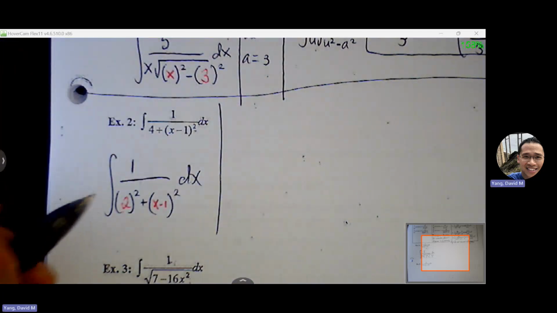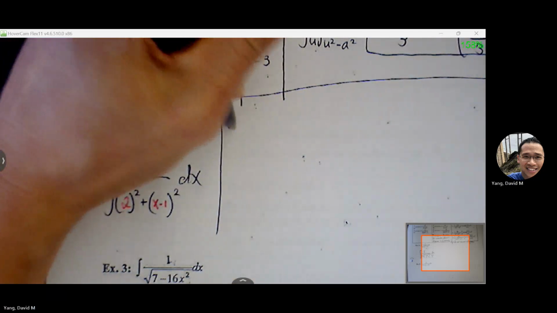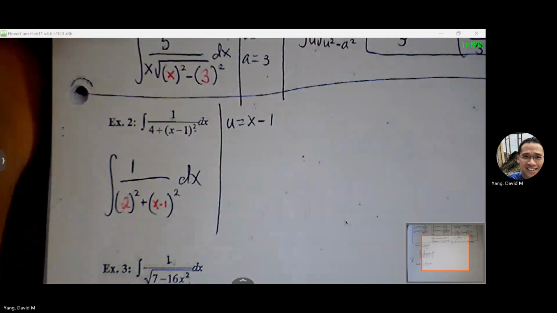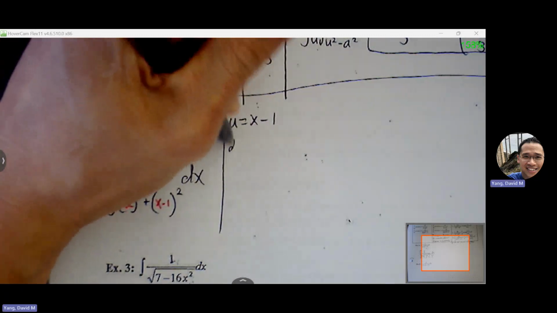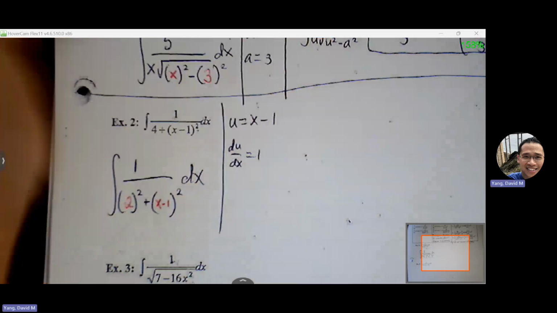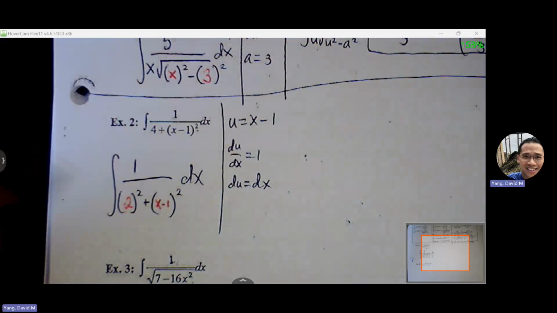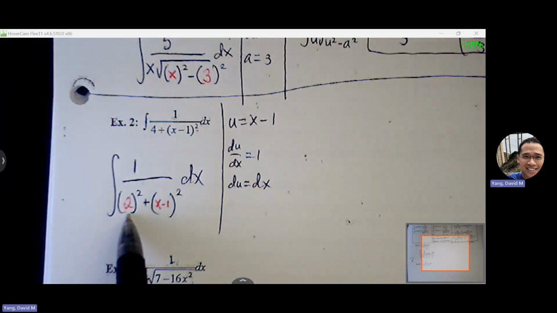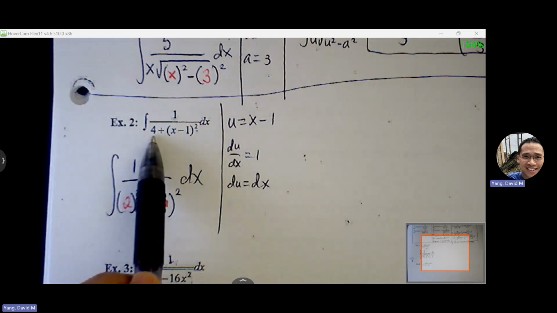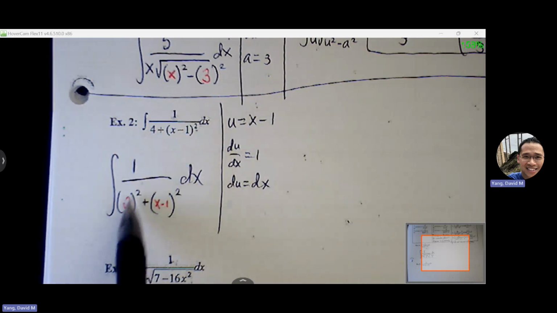Okay, so let's find our a and u value. Again, your u value has the variable in it. It looks like my derivative is not going to have any leftover coefficients, so there's nothing to keep track of. And then my a is just what's inside the parentheses. It's going to be 2. The reason that we do this is so that you don't accidentally pick your a value to be 4. If you force yourself to rewrite it with a parentheses squared, then you're going to be less likely to make a mistake because you know that your a value is going to be the 2 and not the 4.